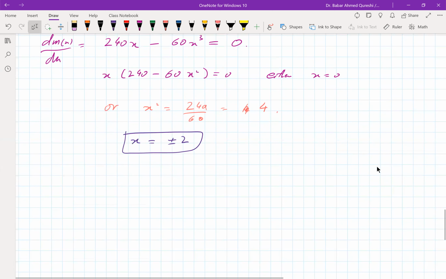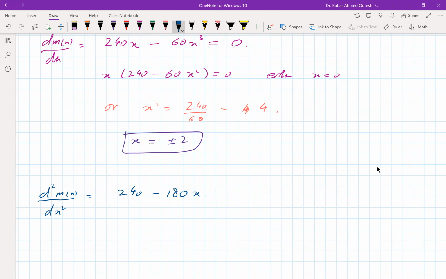So we can just do the second derivative, especially because in this case it's easy to compute. The function is very easy. (180x). So now if I put x is equal to 0, then the second derivative is 240, which is greater than 0.